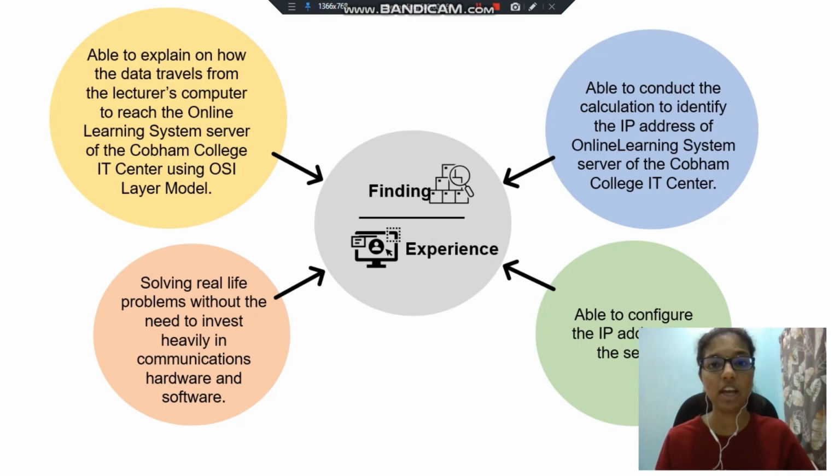Not only that, there were many experiences we collected. The first is solving real life problems without the need to invest heavily in communication hardware and software. And secondly, being able to configure the IP address on the server. That's all from me. Thank you.